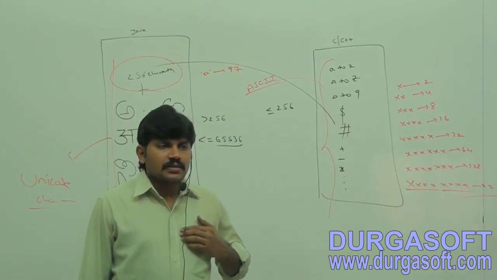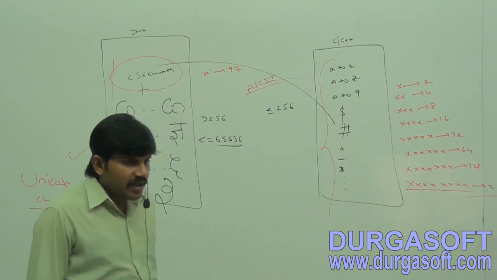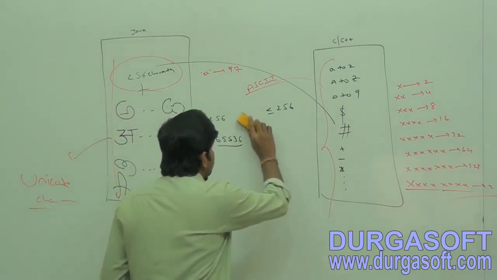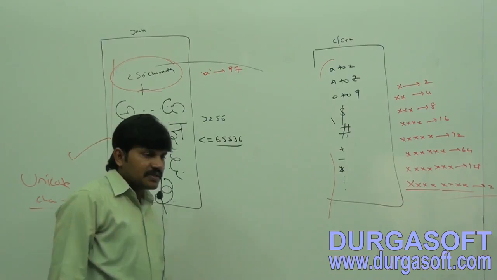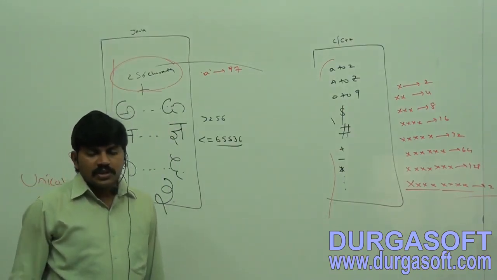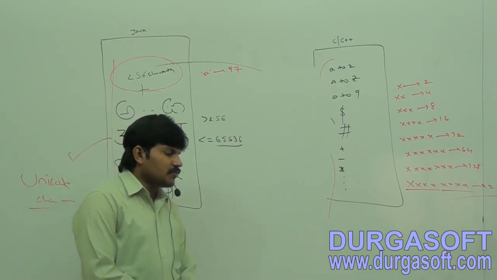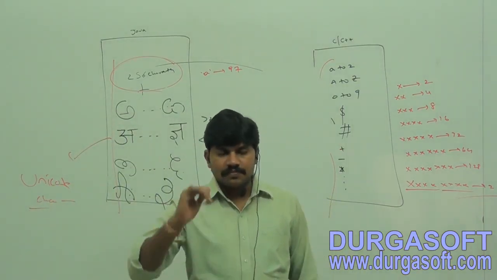Hence, the size of char in old languages is 1 byte. Okay, next para.